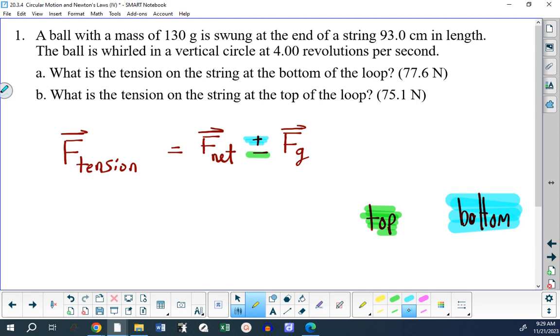You're trying to pull it up, but gravity is hindering you. Gravity is fighting you, so you've got to apply that extra force of gravity just to break even. Then you can worry about forcing it up to cause it to move with the required net force.